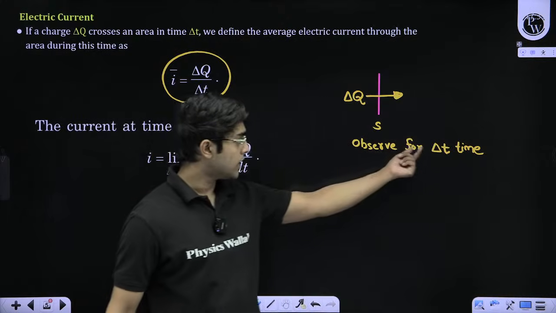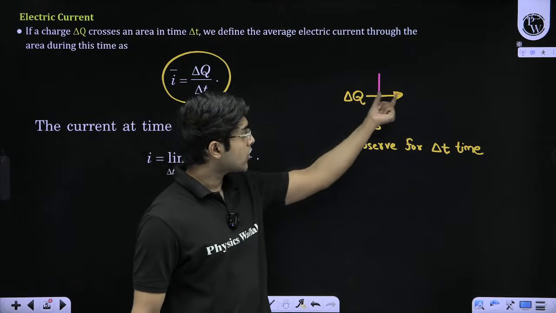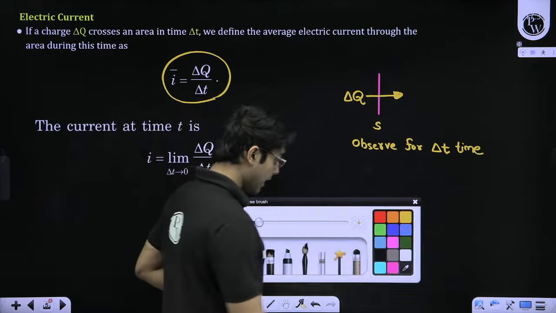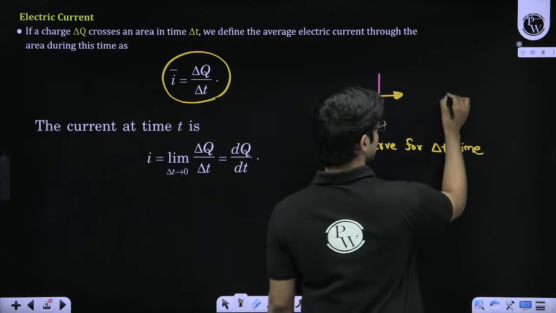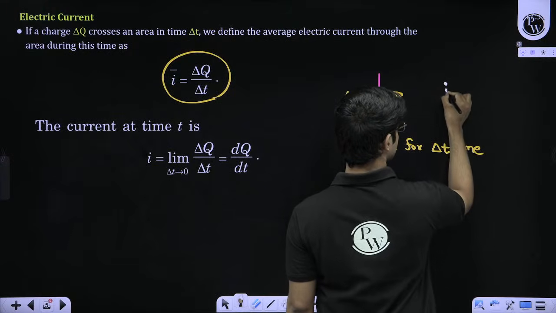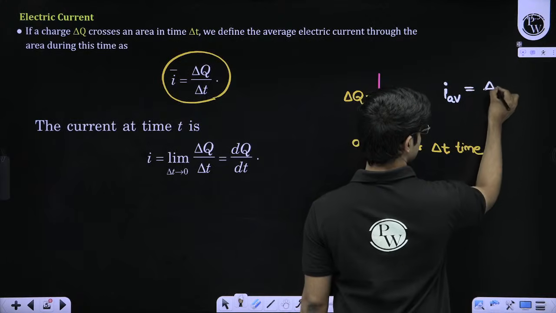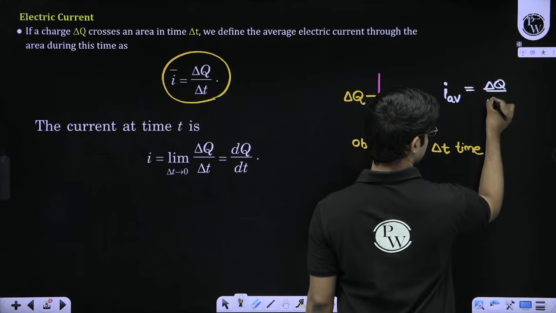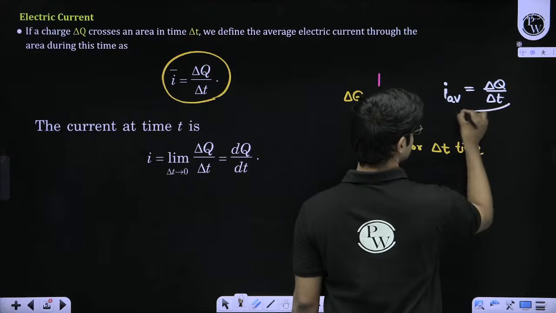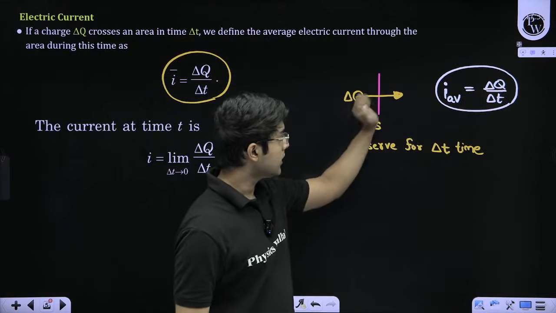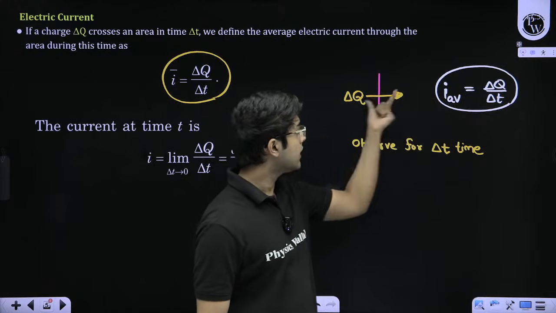So in this time delta t, if the charge crossing the area is delta q, then we define the average current through this cross section as delta q divided by delta t. The more charge that passes through S in this time, the greater the current.